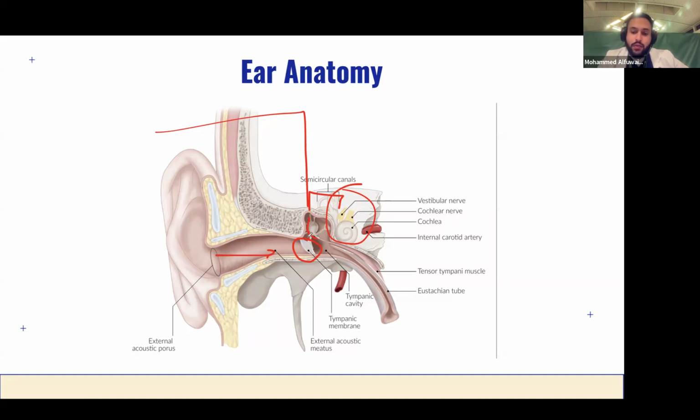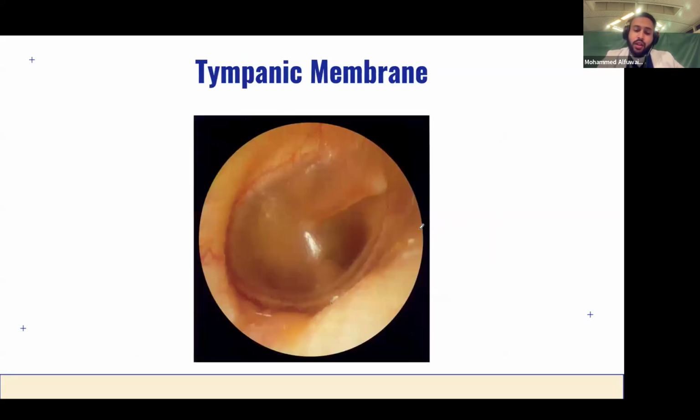So you have three ossicles: the malleus, incus, stapes. Stapes will hit the oval window. This mechanical vibration will turn into fluid vibration. This fluid vibration will cause changes, and these changes will open channels, potassium, whatnot, hearing. The hearing transmissions will travel through the cochlear nerve. This is the ear in a nutshell.